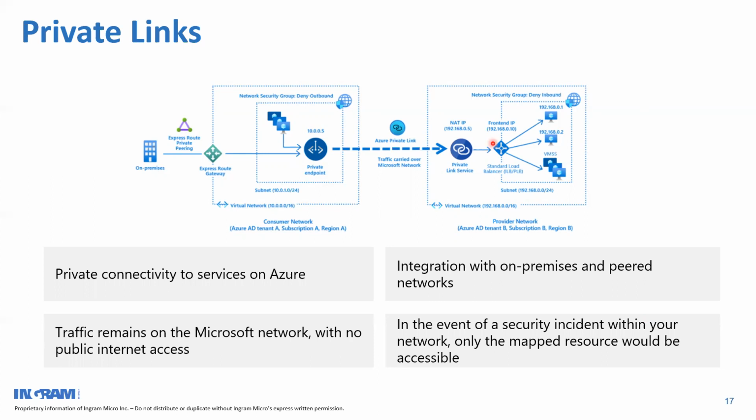If you compare it with service endpoints, there is no public IP involved when it comes to Azure Private Link. So the platform as a service and the infrastructure as a service are all communicating through internal private IPs. In this scenario, it's more secure, more refined, and you can make sure there is no public access happening to any of your applications or data, right?